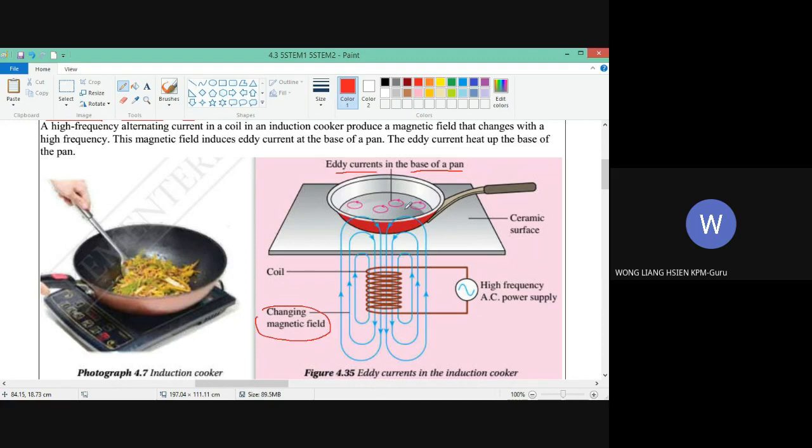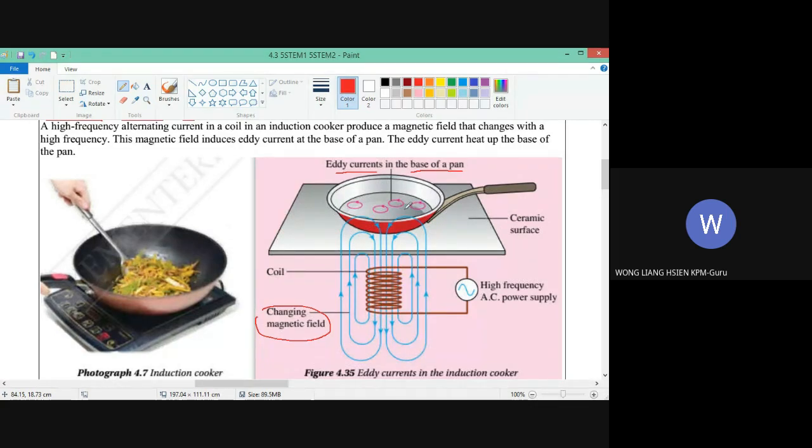So work must be done to overcome that resistance, and the work done will convert energy into heat energy. Your pan itself is the one that produces the heat energy. The heat energy doesn't come from the induction cooker.